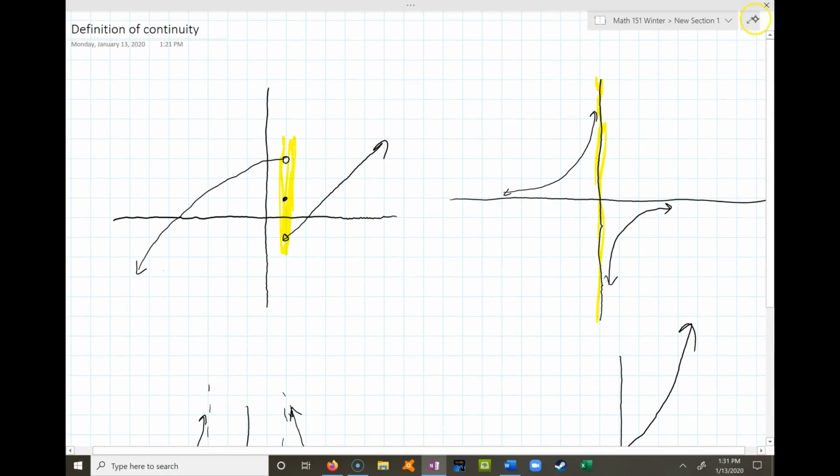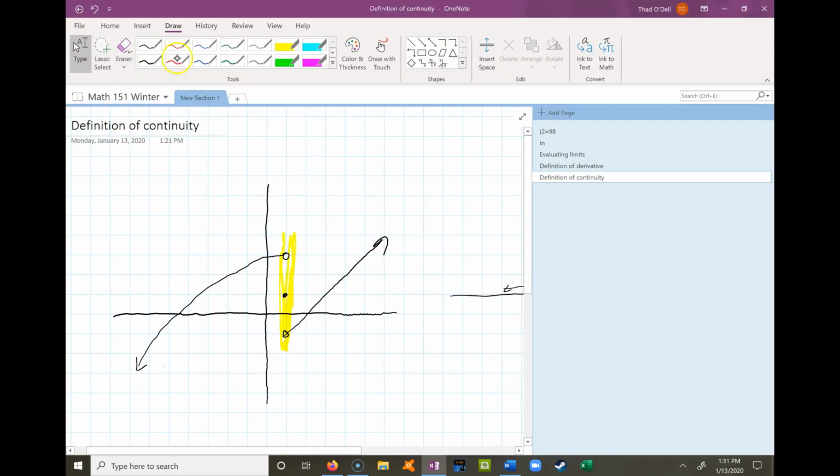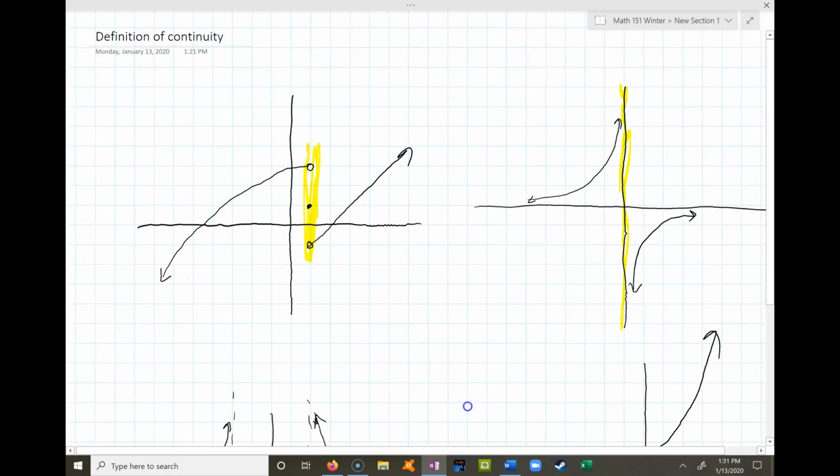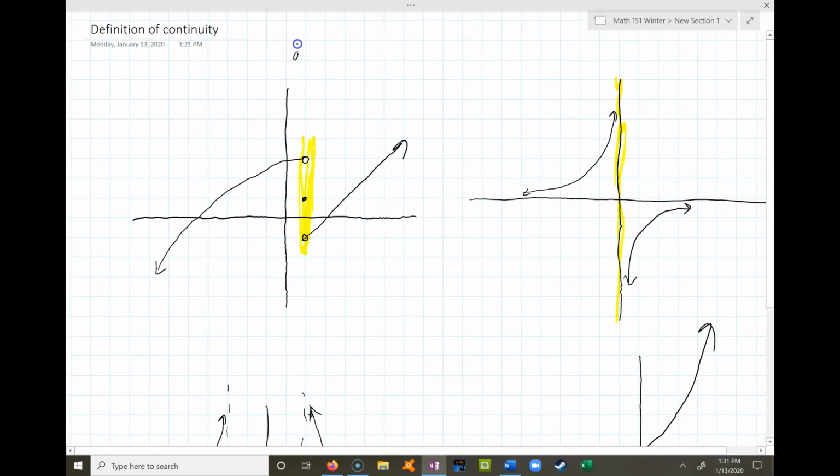But now let's talk about it in a more formal definition. So what does it mean for there to be a discontinuity? I would say in this case there is a discontinuity at x equals 1.